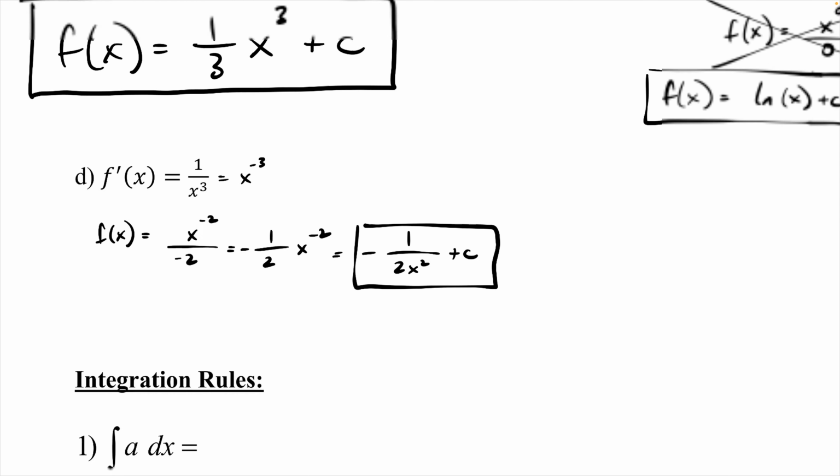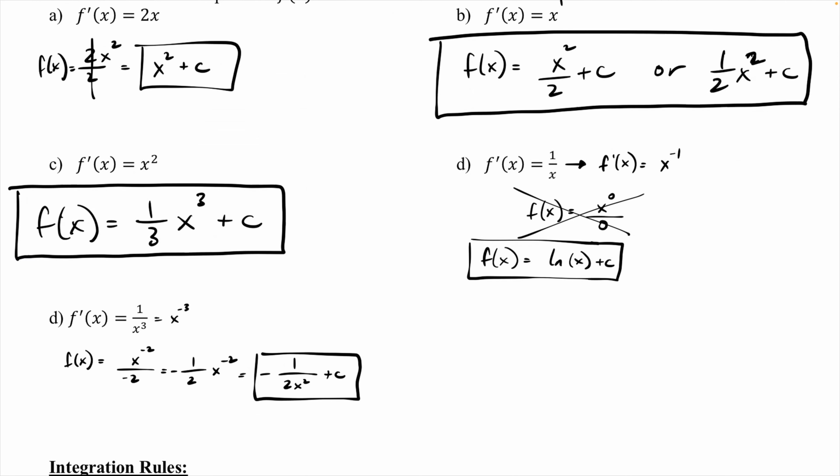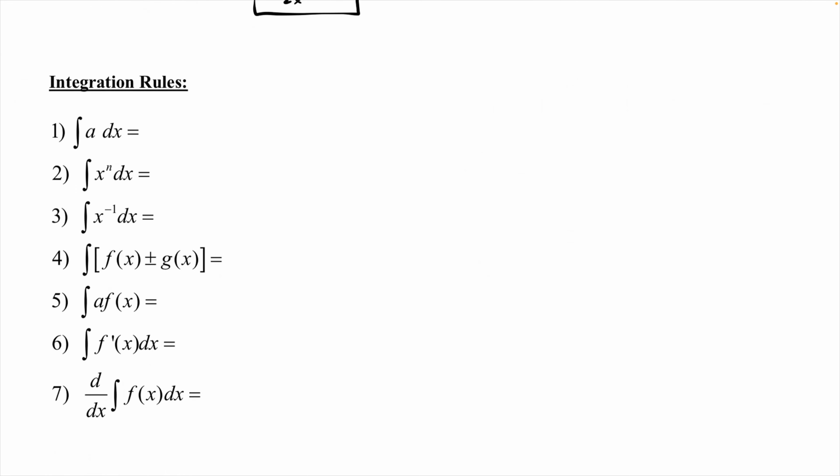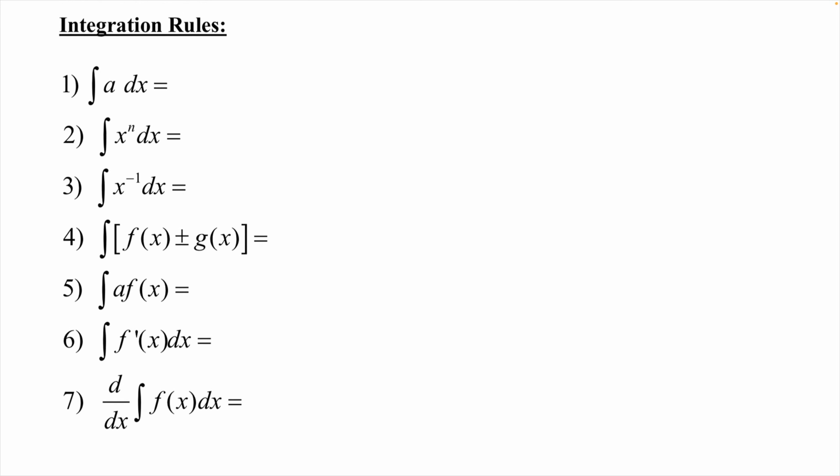Okay. So the only time I can't use the power rule is for 1 over x, 1 over x to the first power. Okay? Okay, so the bottom, integration rules. These are just common things. So the antiderivative of a is just a number.